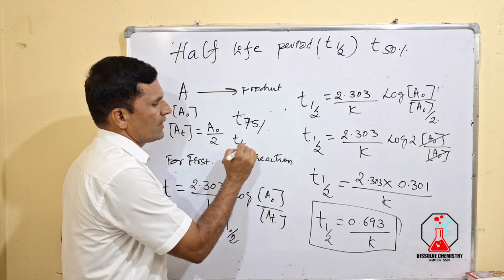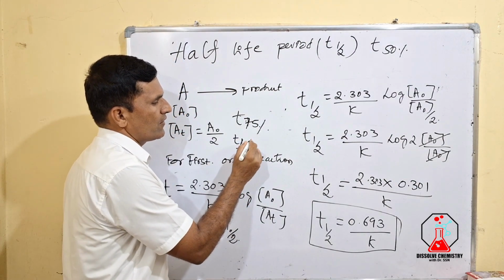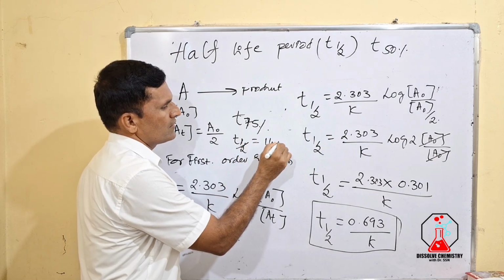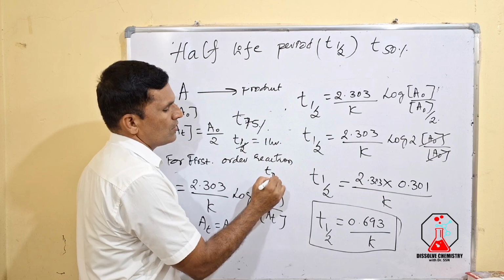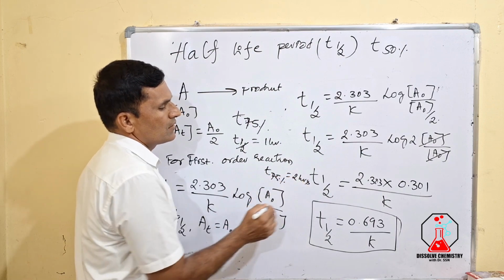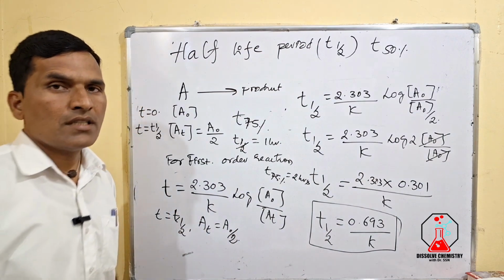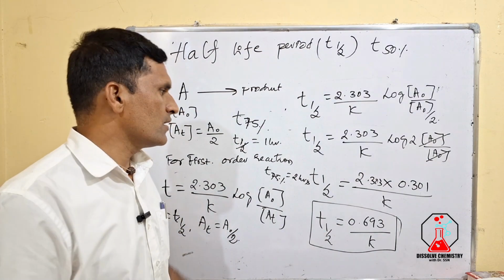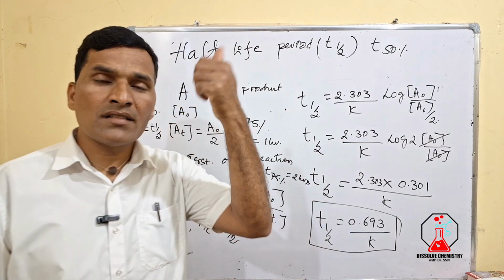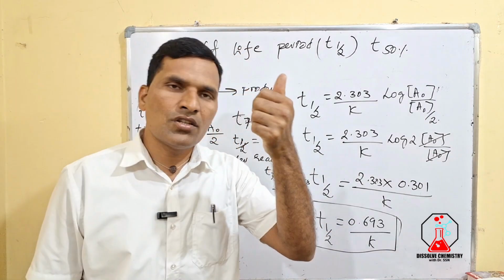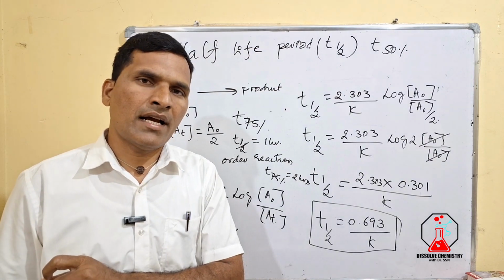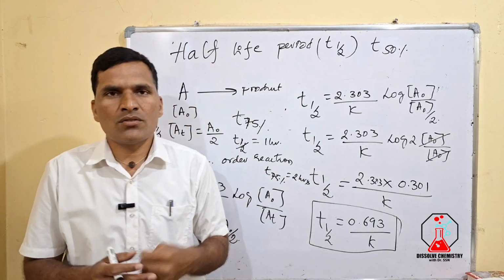For example, if the half-life period of a first order reaction is 1 hour, then the time to complete 75% of the reaction will be 2 hours, because it is not dependent upon the initial concentration. Always remember that T half for a first order reaction is independent of the initial concentration, whereas T half for the zero order reaction is dependent upon the initial concentration of the reactant. I hope you have understood.